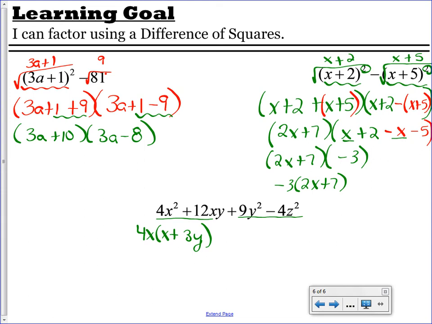Now, this is a little bit different. I'm going to carry down that plus sign. This one here, if you look, you have a difference of squares.